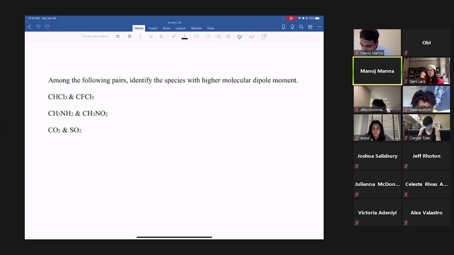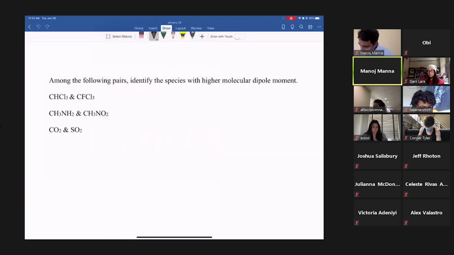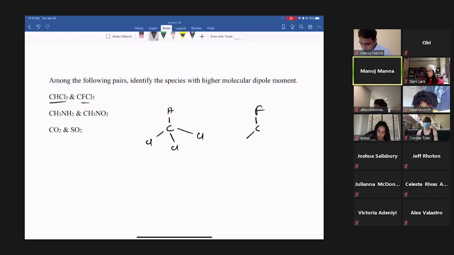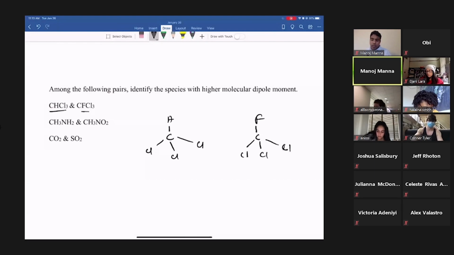Let's take carbon. If we compare these two molecules, carbon you have hydrogen, Cl, Cl and Cl, and the other molecule carbon you have fluorine, chlorine, chlorine, and you have a chlorine over here. So which one has a higher dipole moment? That's our target. If we understand the previous concept, then you can answer.